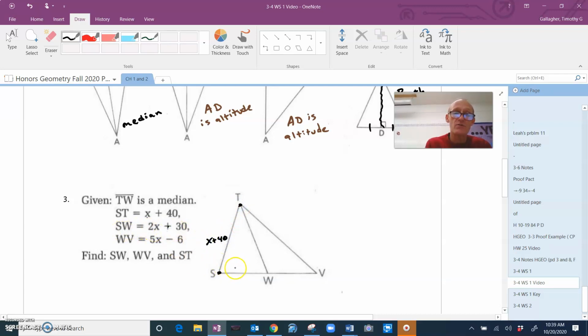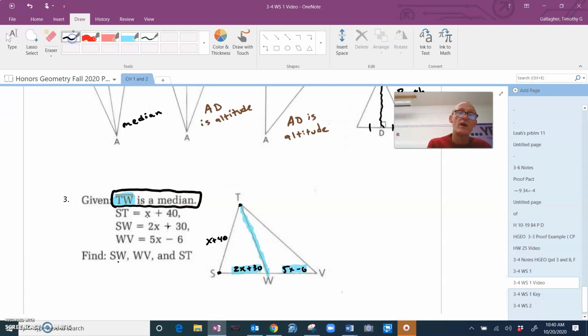SW is 2x plus 30, so I'm going to write it here. And WV is 5x minus 6, so I'm going to write 5x minus 6 right here. Now we need to find the length of SW, the length of WV, and the length of ST. And this fact that TW is a median is going to give us this expression equal to this expression. That's the equation from the facts.